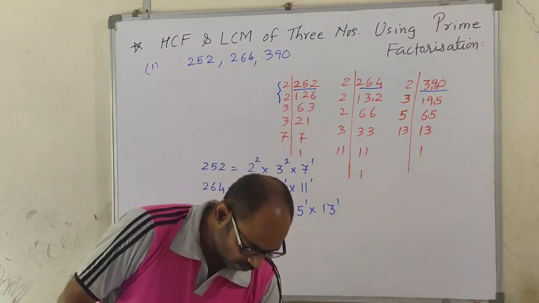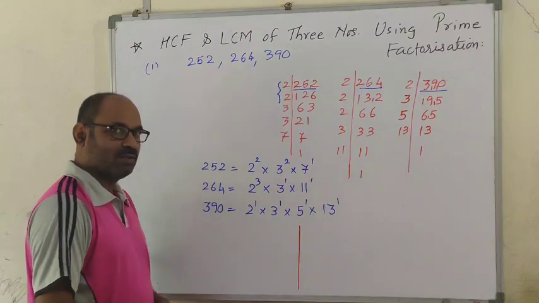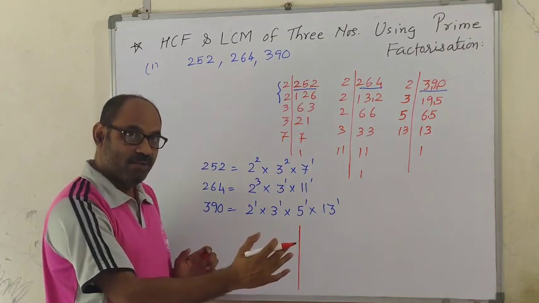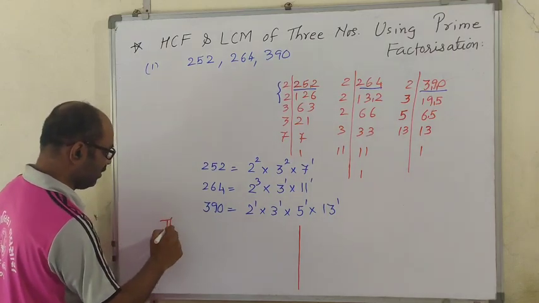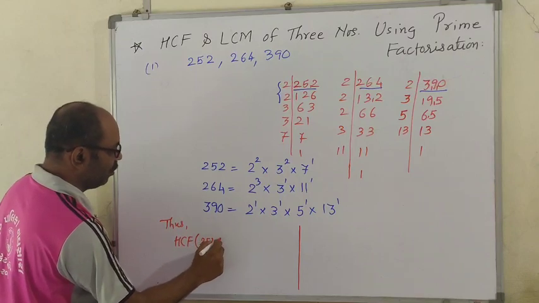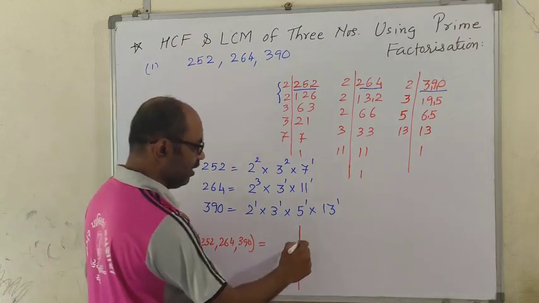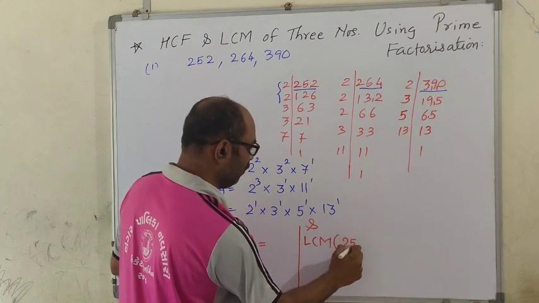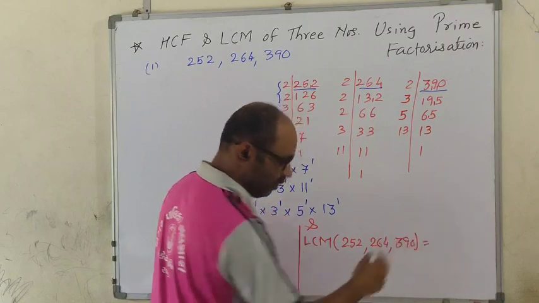Now, children, I am going to do both HCF and LCM simultaneously so that by comparing both findings you can understand them well. Thus, HCF of 252, 264 and 390 is equal to, and LCM of 252, 264 and 390 is equal to.